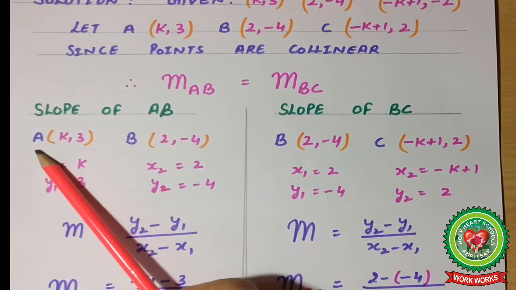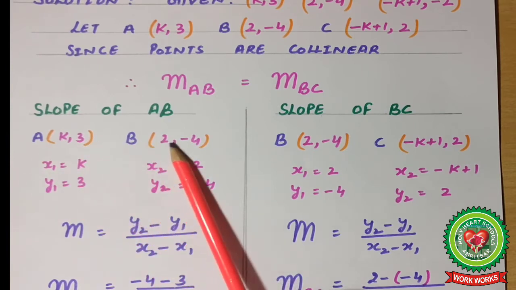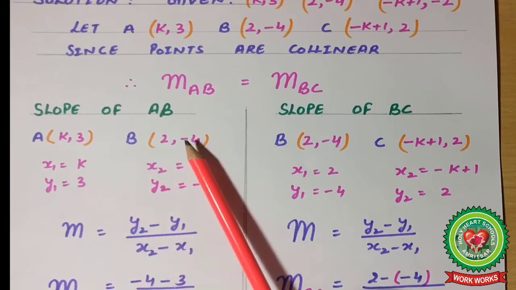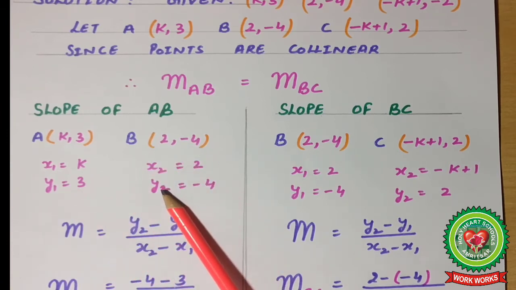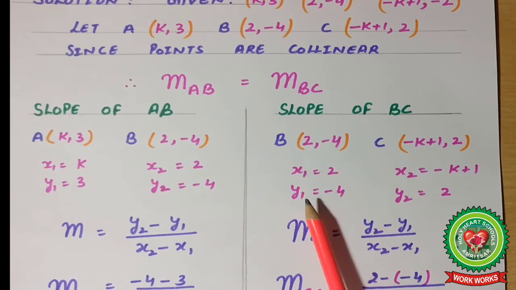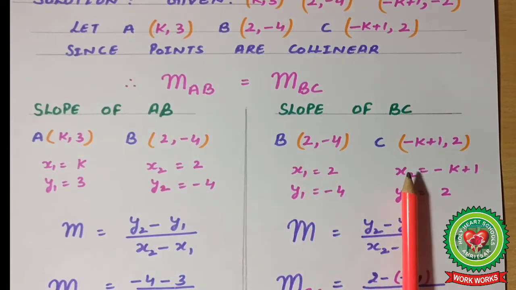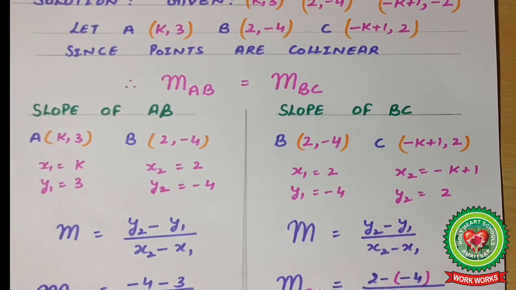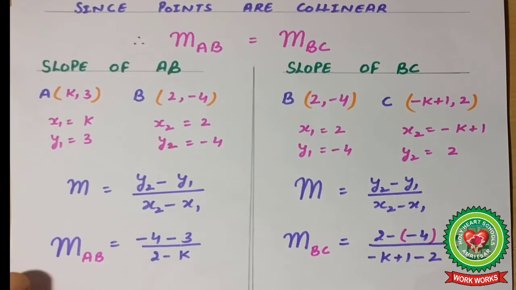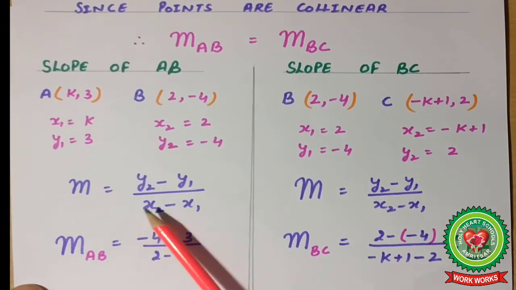For slope of AB, point A (k, 3) is x1, y1 and point B (2, -4) is x2, y2. Same for BC, point B is x1, y1 and point C is x2, y2. Now we apply the slope formula: M is equal to y2 minus y1 upon x2 minus x1.